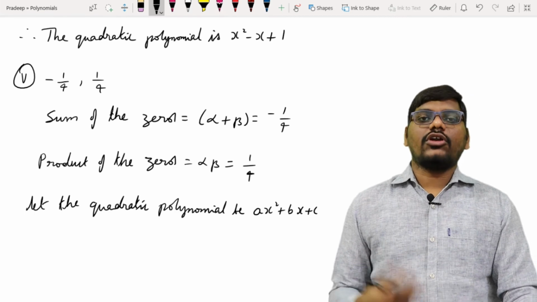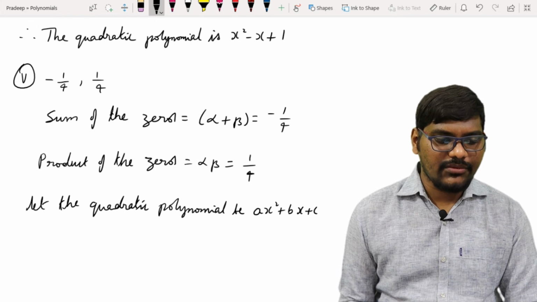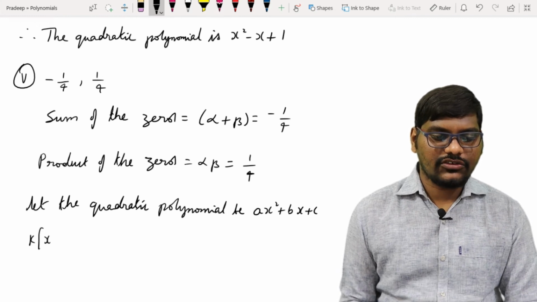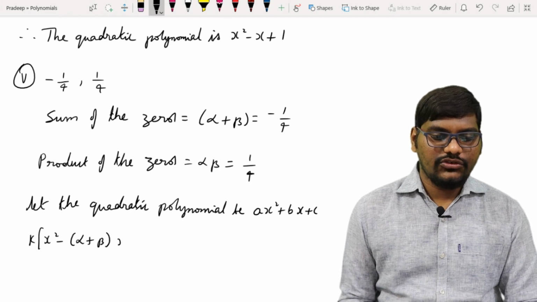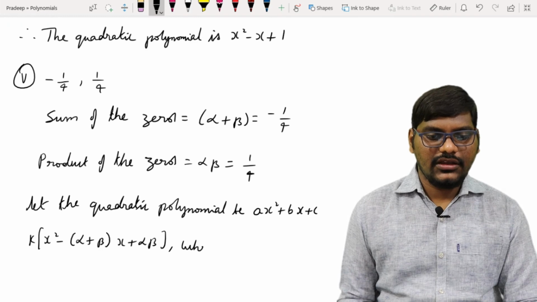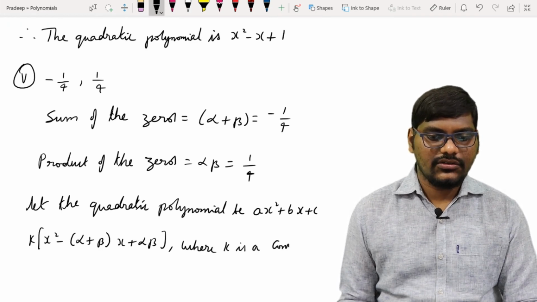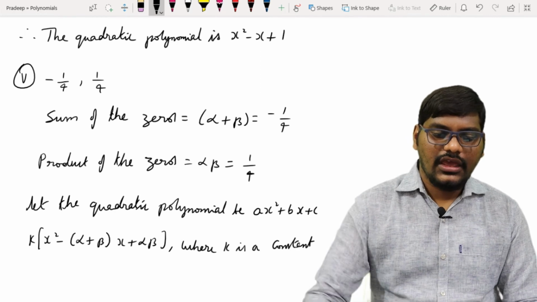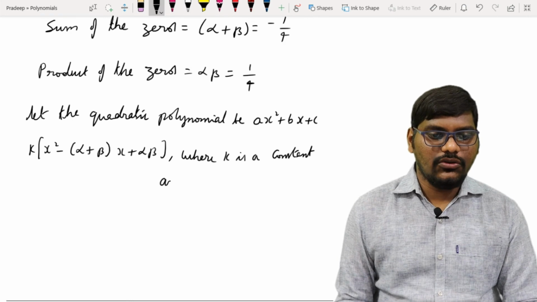So when sum and product are given and we have to find the equation, the form is k into x square minus (alpha plus beta) into x plus alpha beta, where k is a constant and k is not equal to 0.